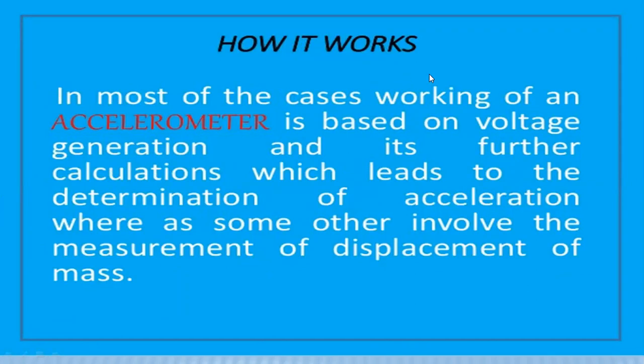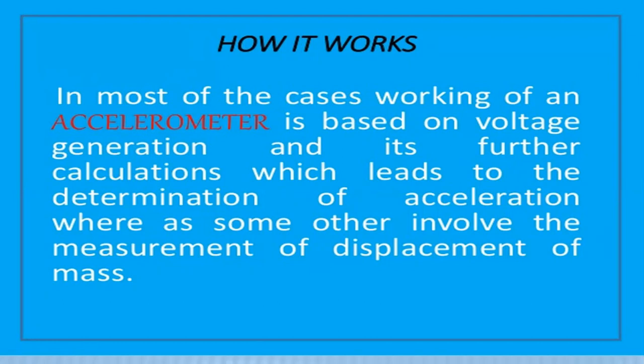How does the accelerometer work? In most cases, the working of an accelerometer is based upon voltage generation and its further calculations, which lead to the determination of acceleration, whereas some others involve the measurement of displacement of mass. So in most cases, the working of an accelerometer is based upon voltage generation.